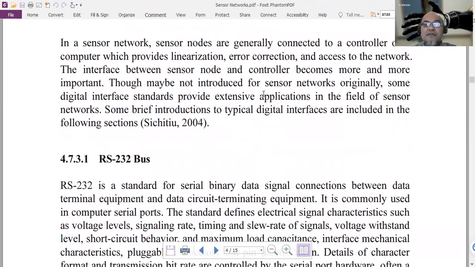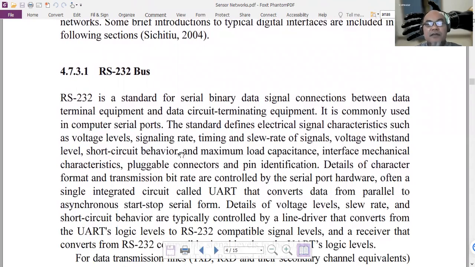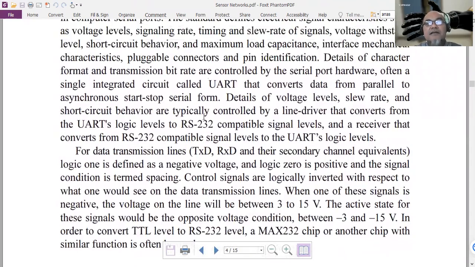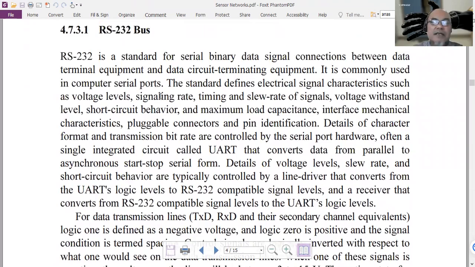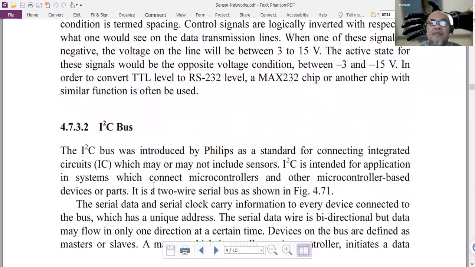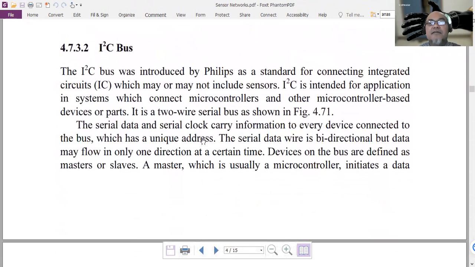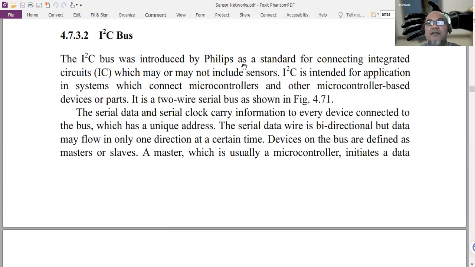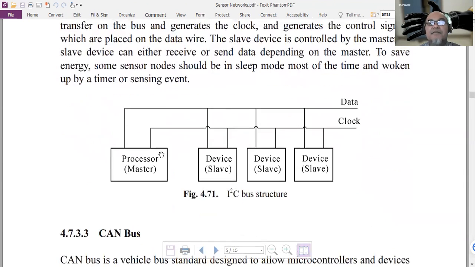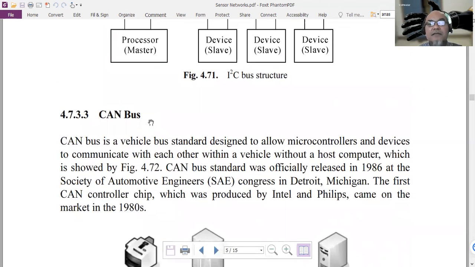I will not explain it in detail. I guess you have been learning them in computer networks. RS-232, I think we've done this as well. This is one of the oldest serial data transfer protocols. And then the I2C bus, this is also for instrumentation, connecting microcontrollers and other devices, on a master and slave basis.